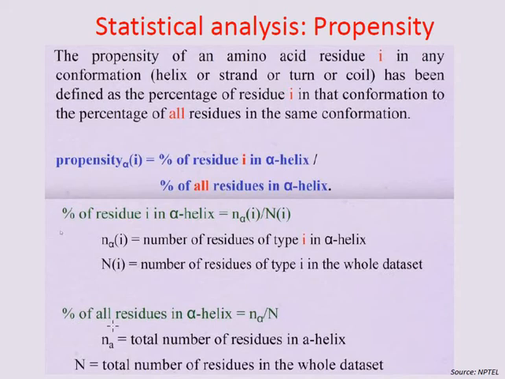Further, the percentage of all residues in alpha helix, remember we are calculating propensities for alpha helices here, is given by n alpha divided by capital N. n alpha is the total number of residues in alpha helices, and the total number of residues in the whole data set is capital N.